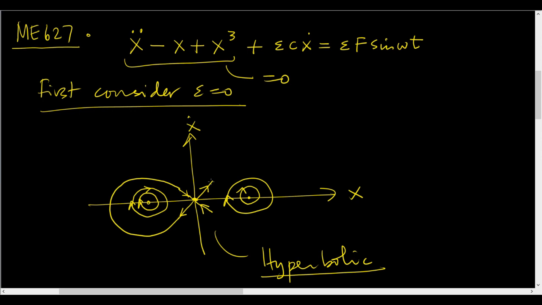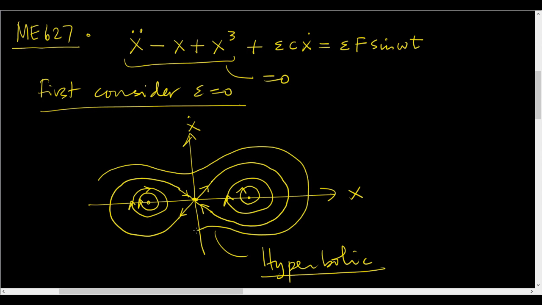There is another homoclinic orbit here. If we have bigger amplitude motions, then they are like this. What is hyperbolic? This fixed point is hyperbolic. Okay.